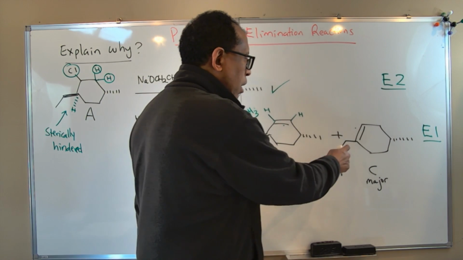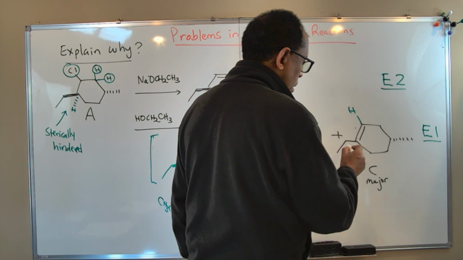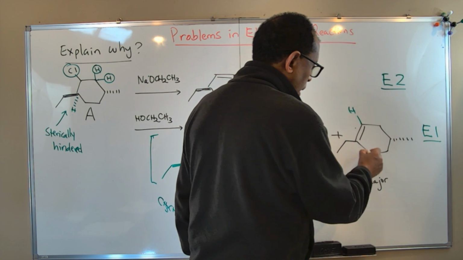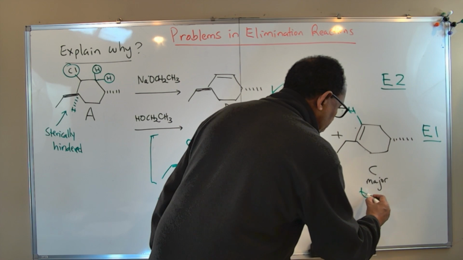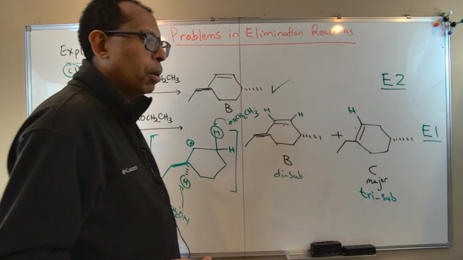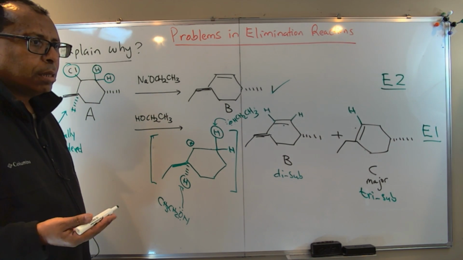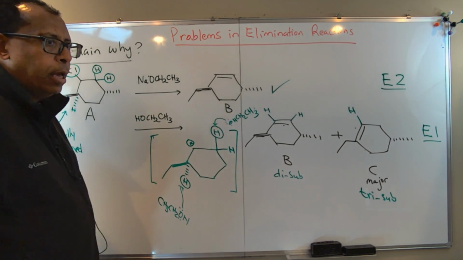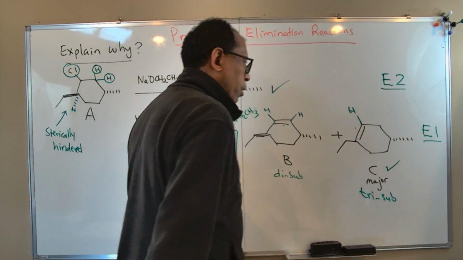But here, as you see, you have one hydrogen only. You have an alkyl group here, an alkyl group, an alkyl group. So this is a tri-substituted alkene. According to the Zaitsev rule, a tri-substituted alkene is much more stable than a di-substituted alkene. That's why you get this as a major product.